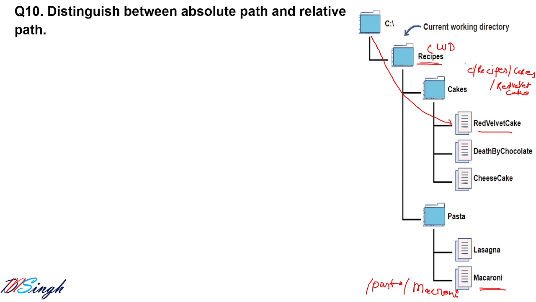So this is your complete path, and this is called the absolute path. And when you use something like pasta/macaroni, that is a relative path, related to the current working directory. We are already in recipe, so we just go pasta and macaroni. So that is our relative path.